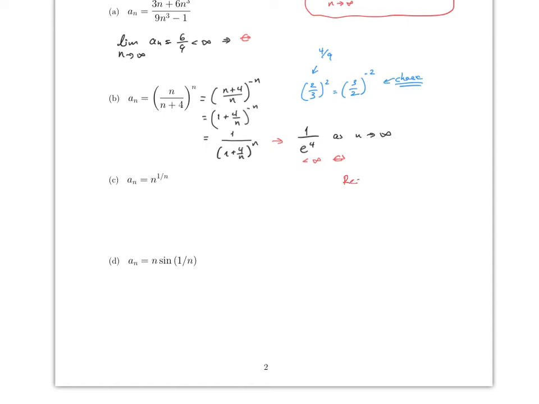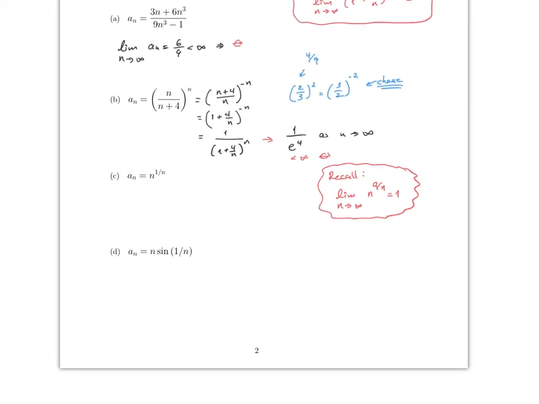Now, another classic limit to recall from calculus 1 is the following: the limit as n goes to infinity of n to the a over n is equal to 1. Again, I highly recommend you memorize these limits and check calculus 1. Why is this true?